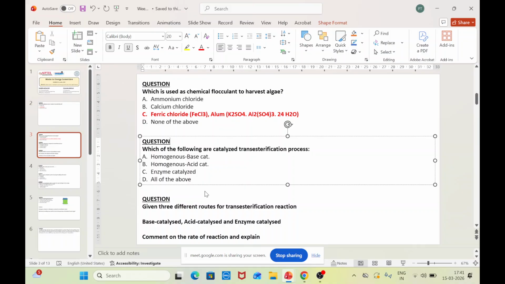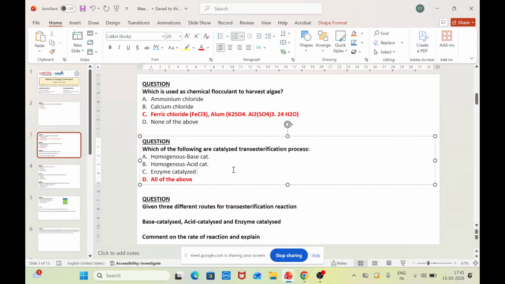So in this case, it is written, which of the following are catalyzed transesterification process. For a transesterification process, you can use base as a catalyst, you can use acid also as a catalyst, and you can use enzymes also as a catalyst. So for this question, all of the above is the correct option.